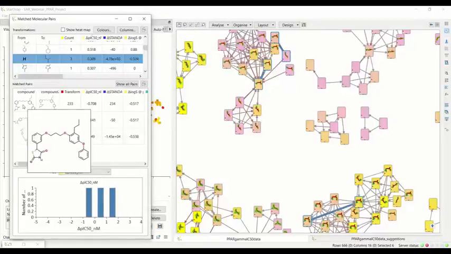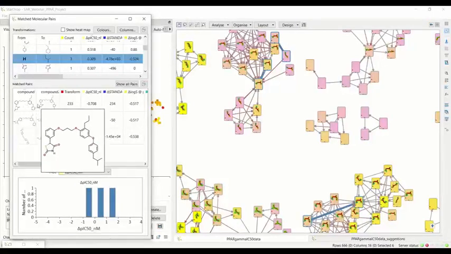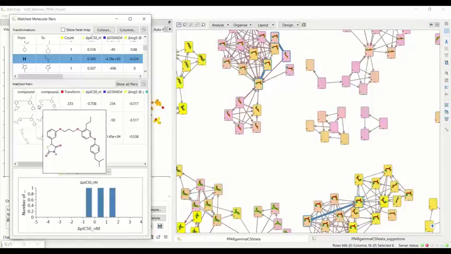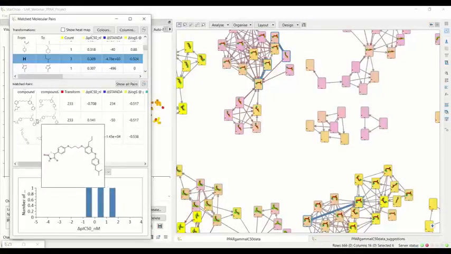So what is it about this particular change that's had an effect? Where it's been detrimental, it's in the para position of this phenol. Where it's had little effect, oh, it's also in the para position.